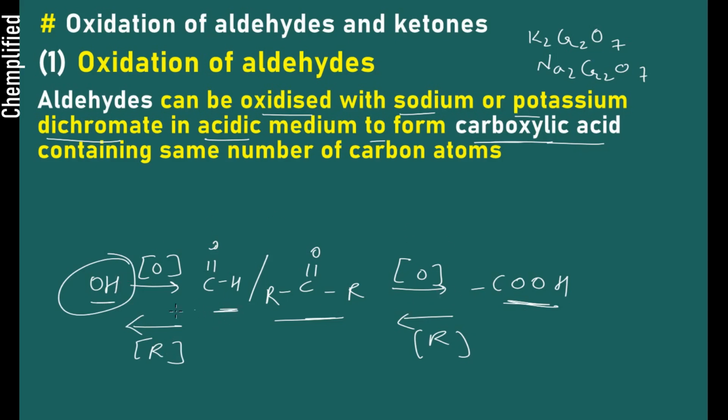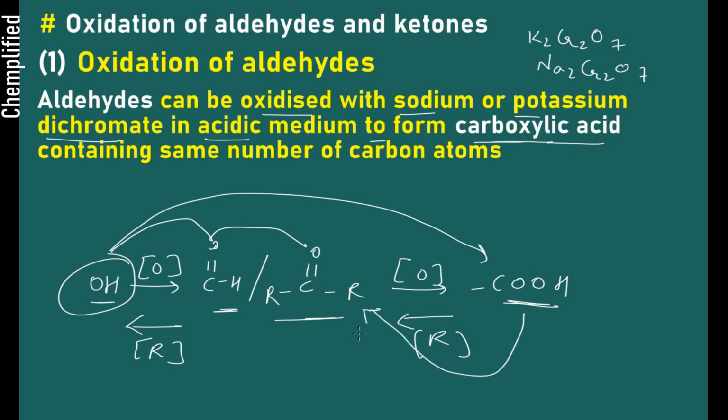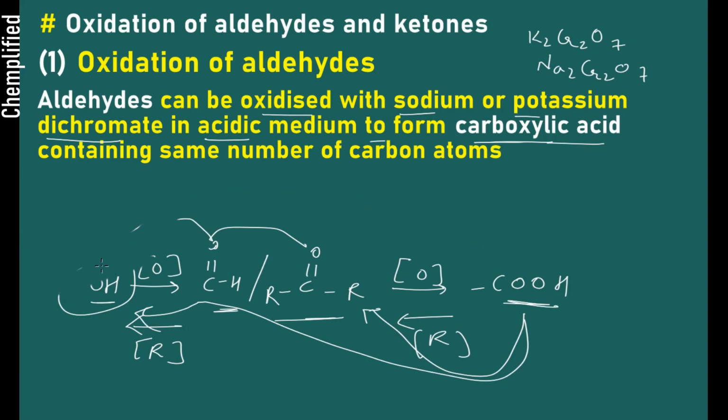So remember this sequence. You can go from alcohol to aldehyde or ketone, or you can go directly to carboxylic acid using some reaction. Similarly, you can go from carboxylic acid to aldehyde and ketone, or you can directly reach alcohol, right? Now let me pause the video and then rub it.